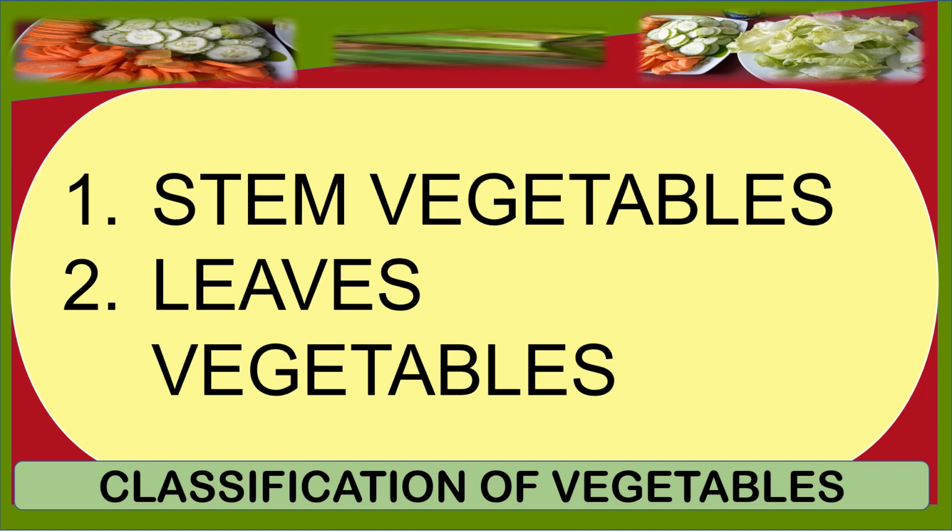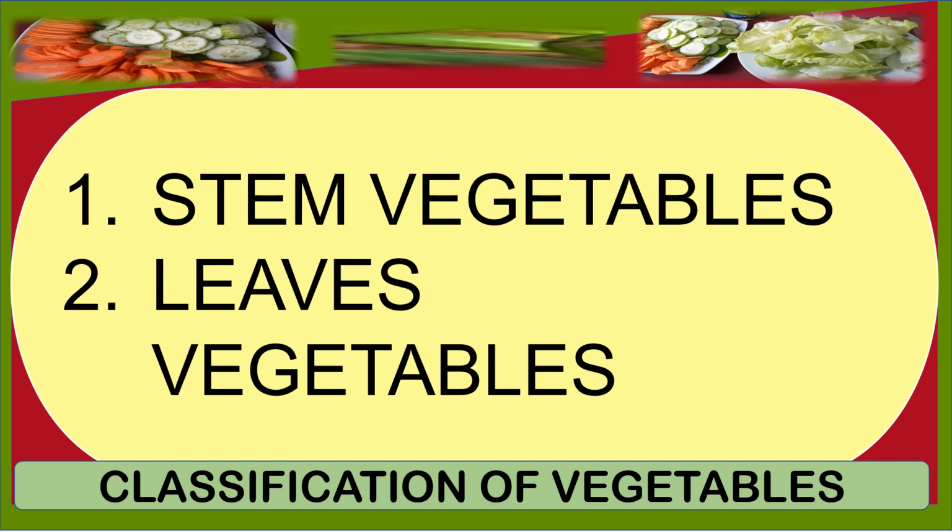We have number 2, the leaves vegetables. Of course, the parts which are the leaves are the ones that we're going to use as vegetable that we're going to prepare.